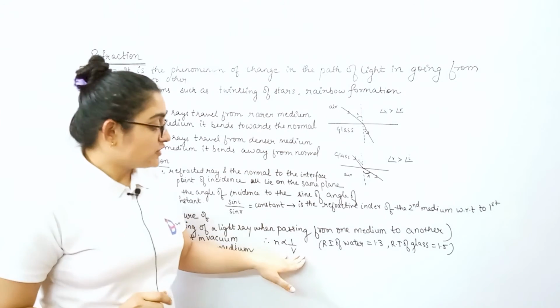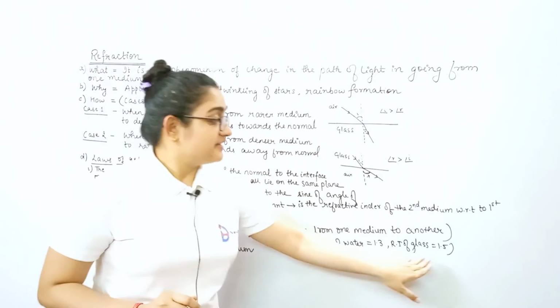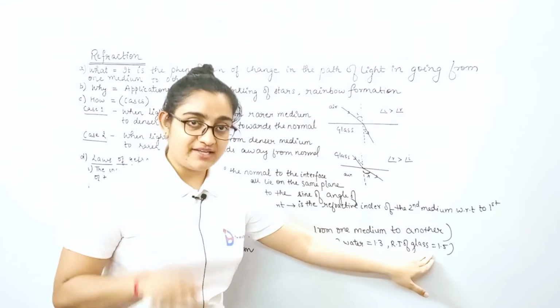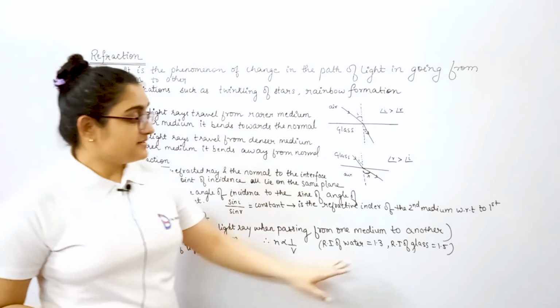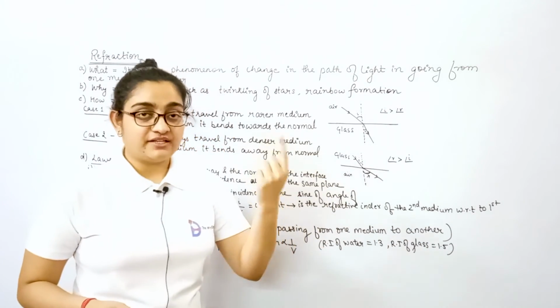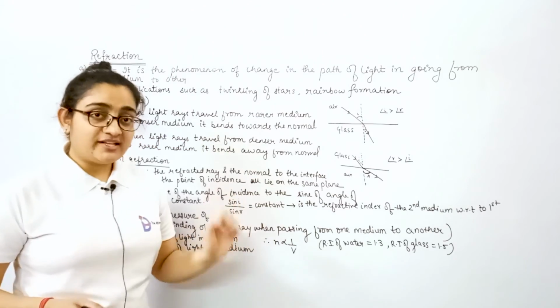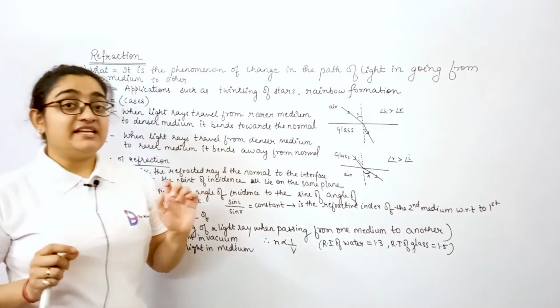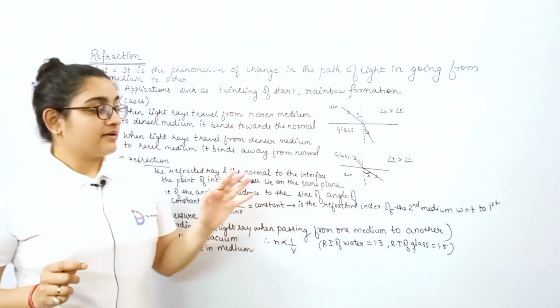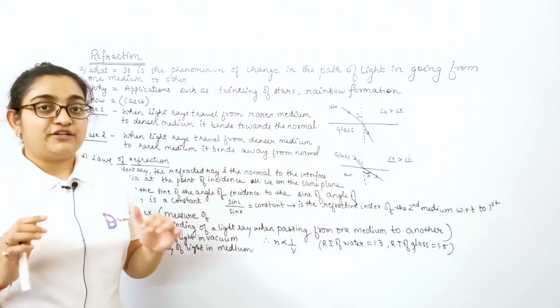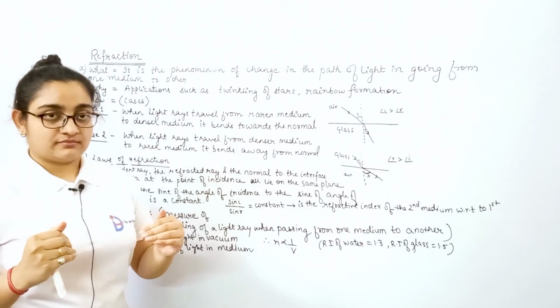So velocity of light in glass will decrease as compared to that of water. Why? Because glass is having higher refractive index than water. So that's why velocity of light in water will be higher or faster, I can say. But in case of glass, it will slow down.